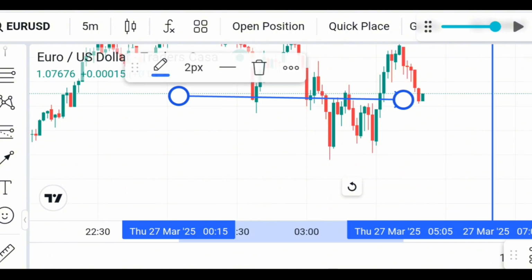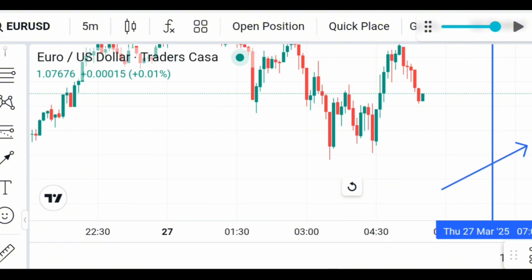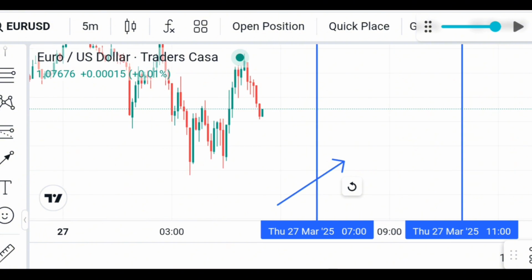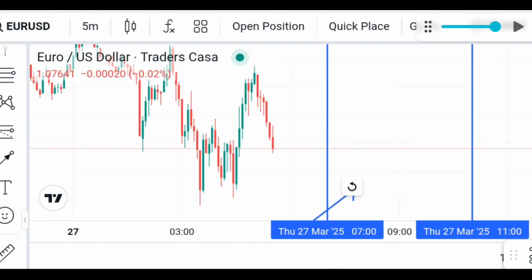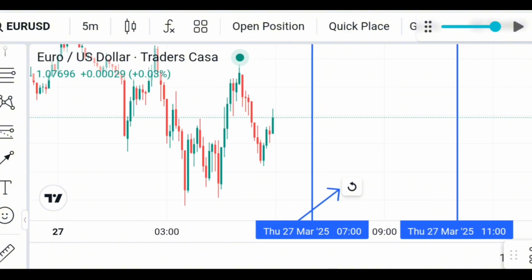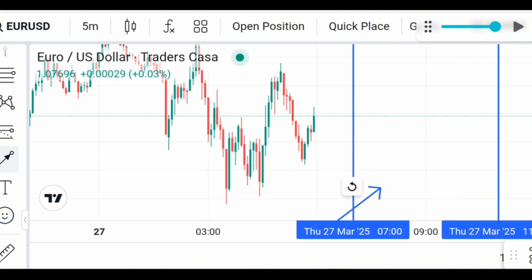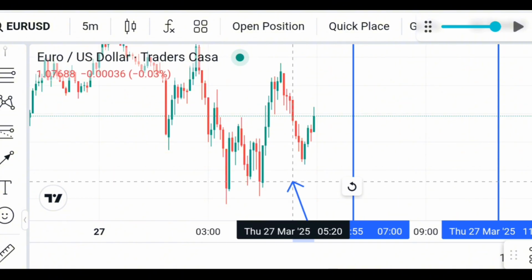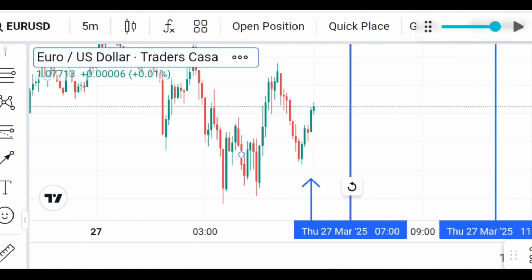So we're looking for supply zones, but before all that, we shall wait for price to come into our trading window. So here we do have a demand order block right there, which is affecting price positively.